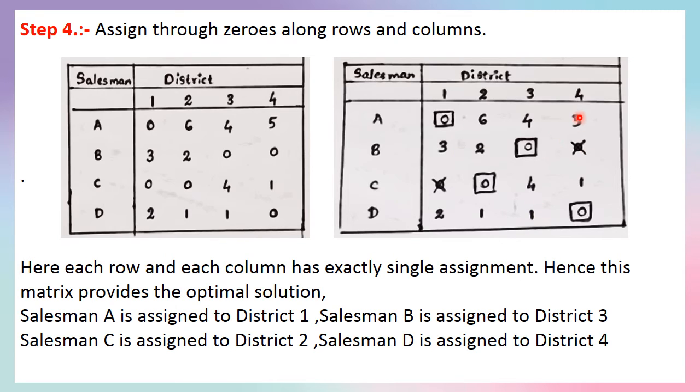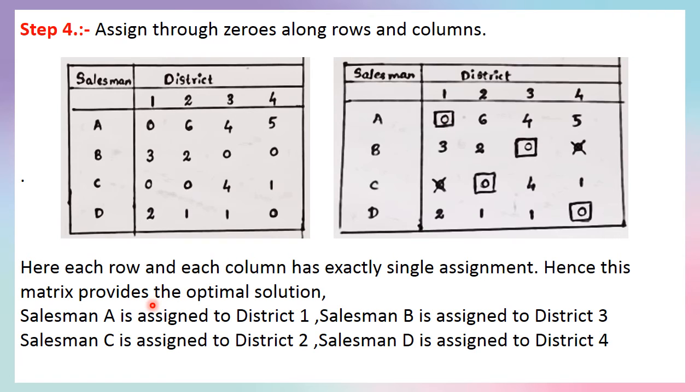And in the fourth column the assignment is already made and we crossed out this 0 also. Now if you observe this matrix, you can see that each row and each column has exactly one assignment. Hence this matrix provides the optimal solution.